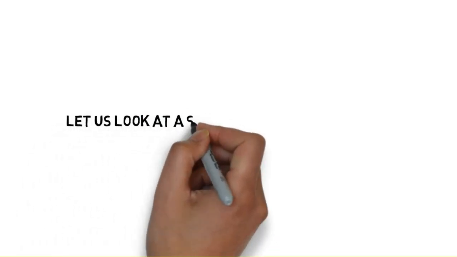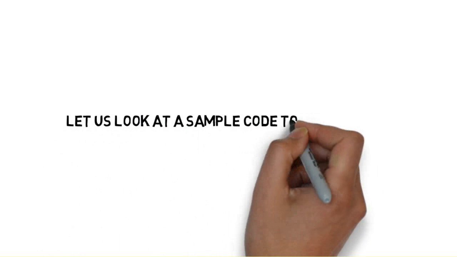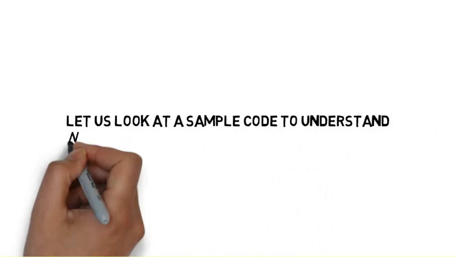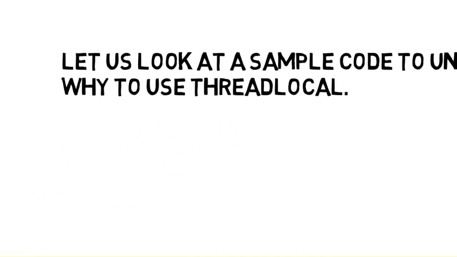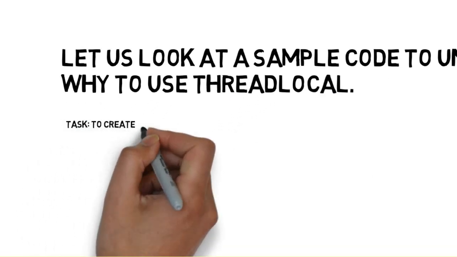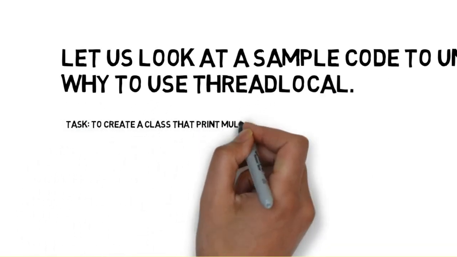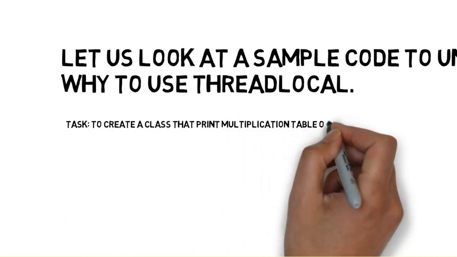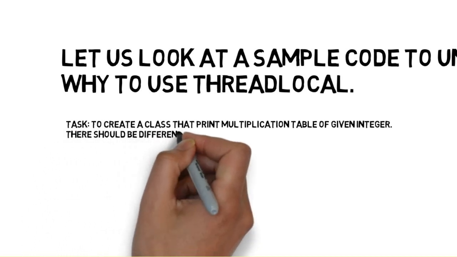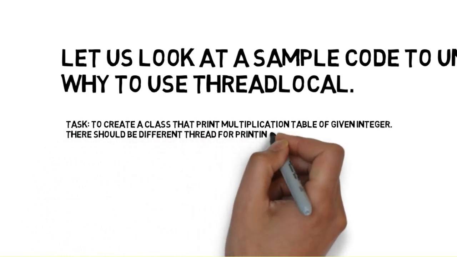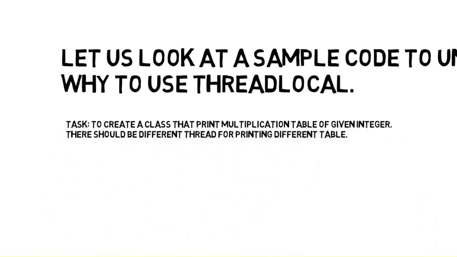Let us look at sample code to understand why to use thread local. So the problem statement which we will be having is to create a class that prints the multiplication table of a given integer. There should be different threads for printing different multiplication tables.